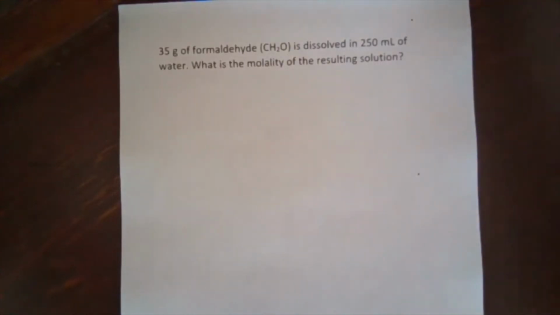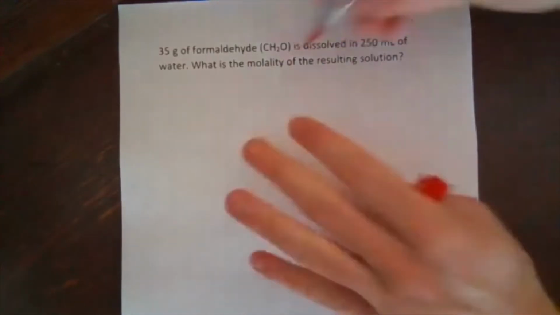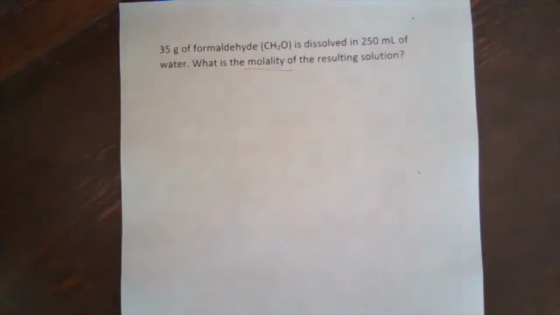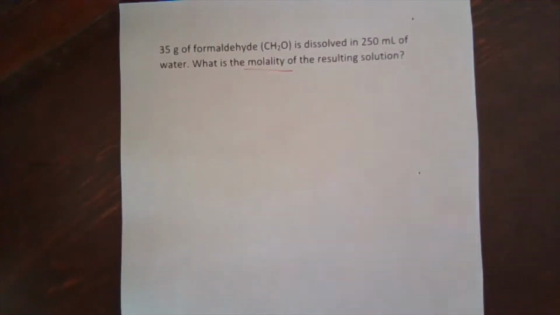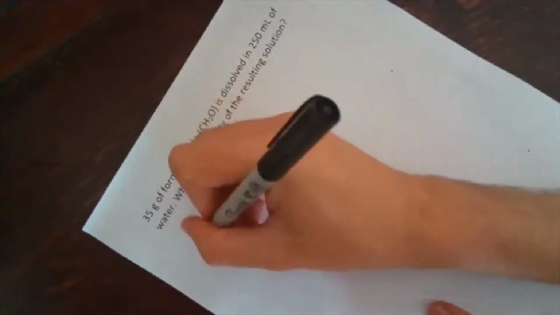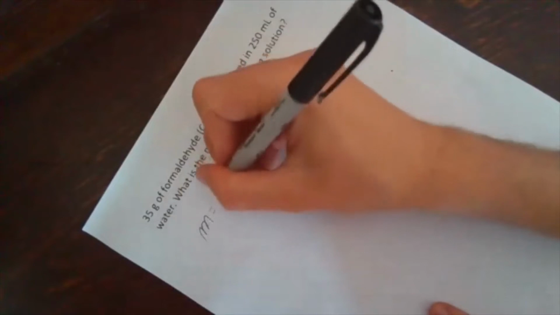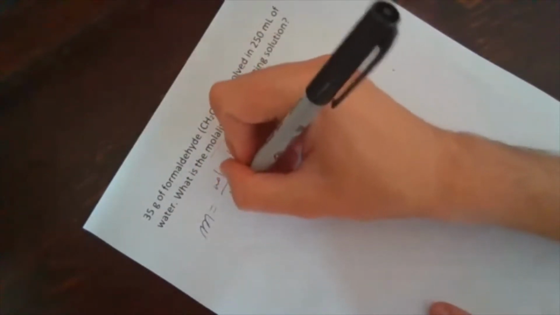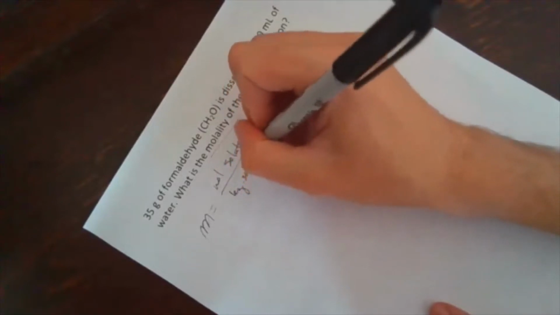We want to know the molality of our solution when 35 grams of formaldehyde is dissolved in 250 milliliters of water. Just like we have seen so far, molality is a concentration unit with an equation associated with it: molality is moles of solute divided by kilograms of solvent.